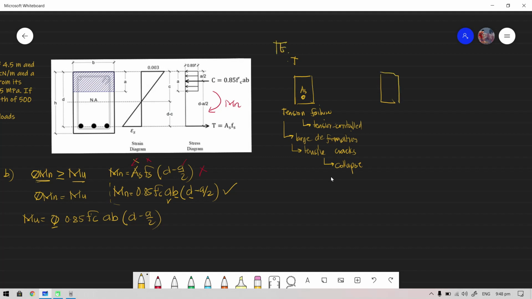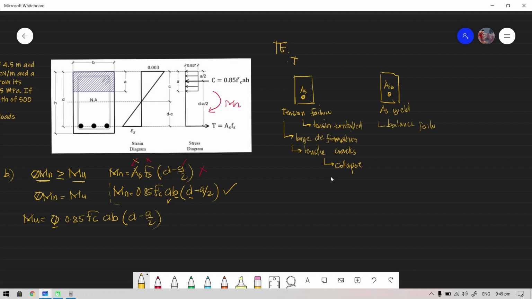Yung next naman na design is ito, yung AS balance. Okay, yung AS balance, ang failure nito is yung tension steel, yung AS yield, at the same time yung compression concrete crashes. Okay, sabay magpe-fail yung reinforcement natin and the concrete. We call this as the balance failure.